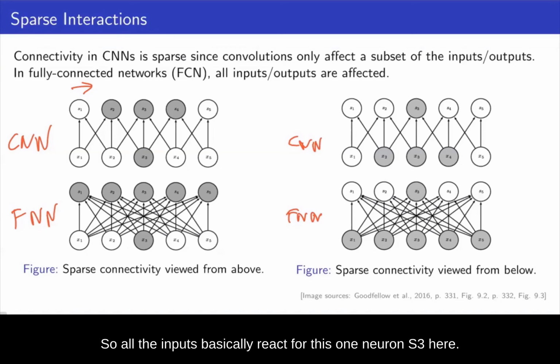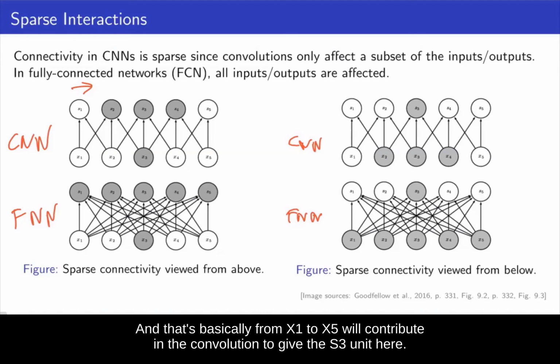All the inputs, from X1 to X5, contribute to this one neuron S3 here.